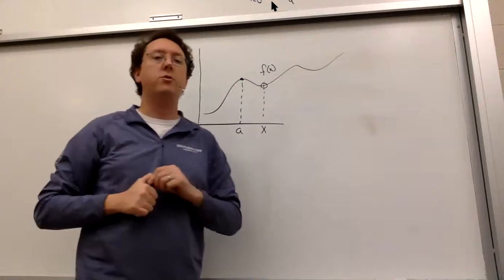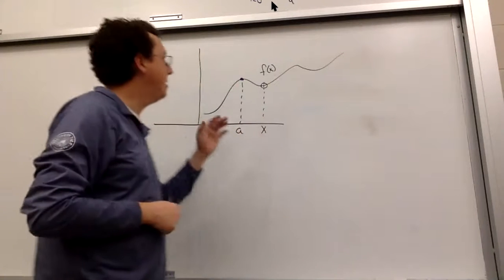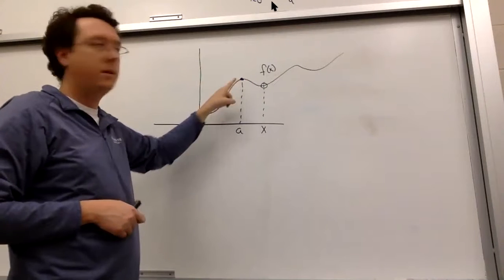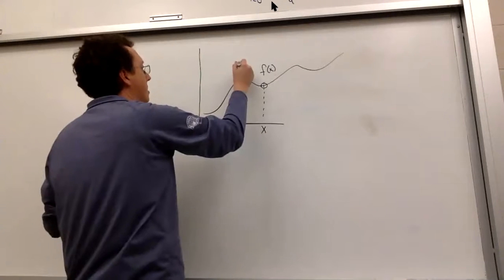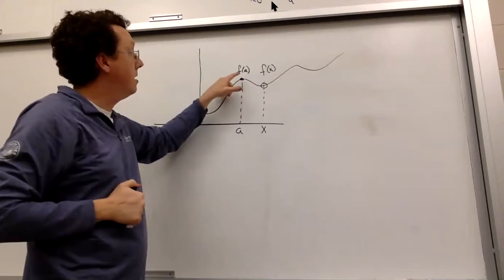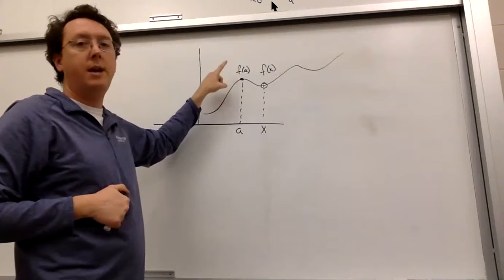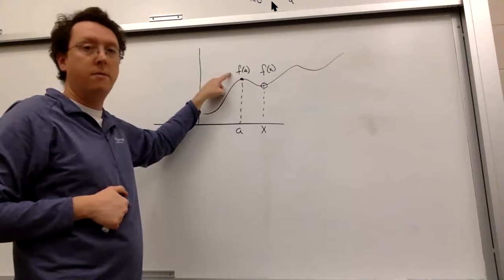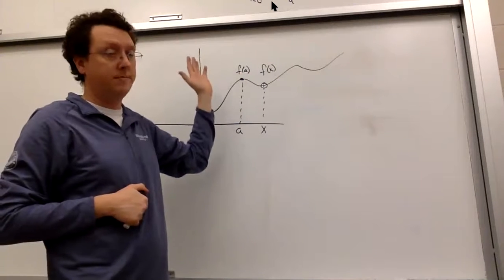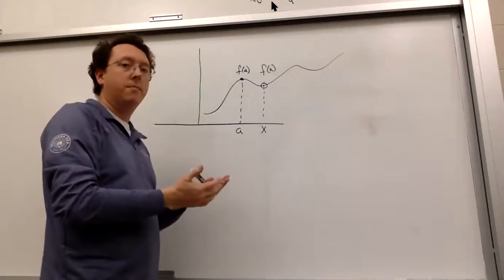So what we are doing is taking the information of the function at a, and the first derivative at a, and the second derivative at a, and the third derivative at a, and all of the derivatives at a in general, and you put those together.